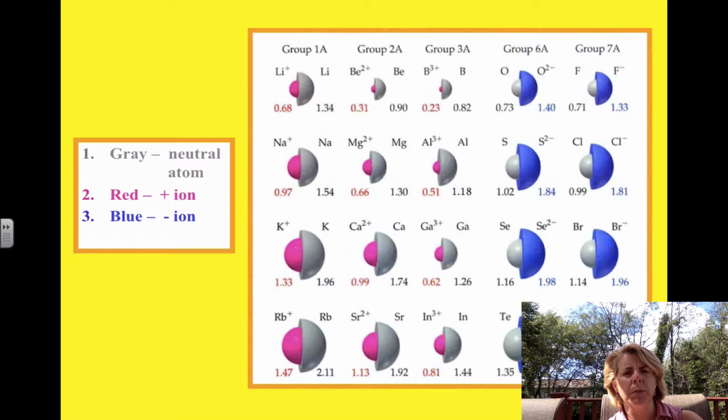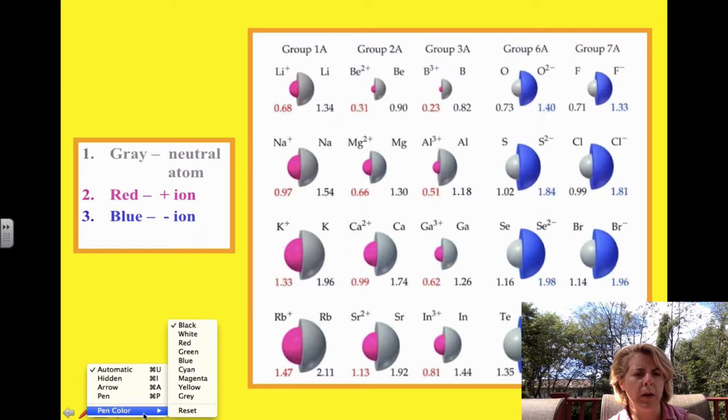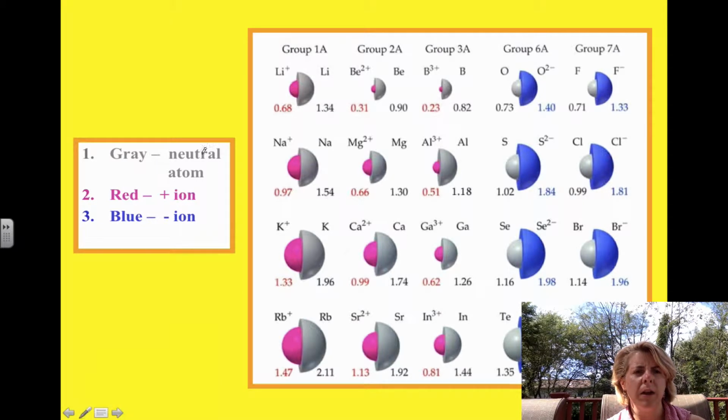Okay, now I want to look at formation of ions here. If you notice, on the left of each ion is a gray color, and that gray color represents the neutral atom. On this section where you see red, we're talking about cations. So group 1 through 3, we're talking about the formation of cations.